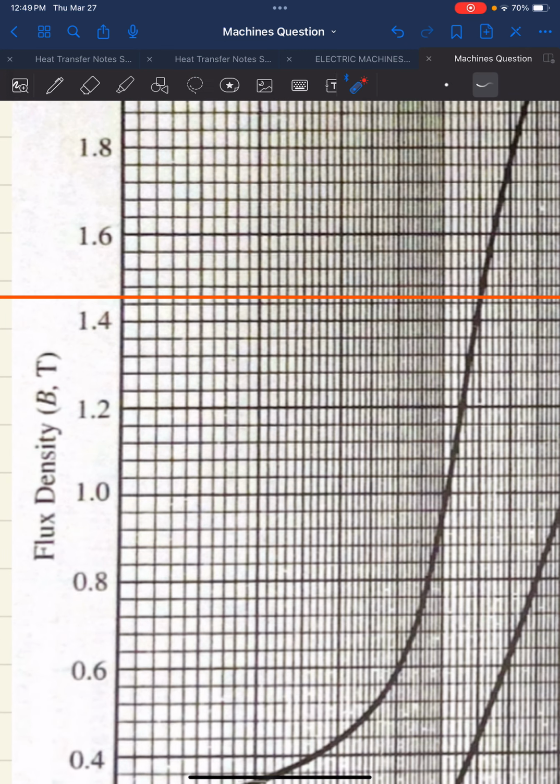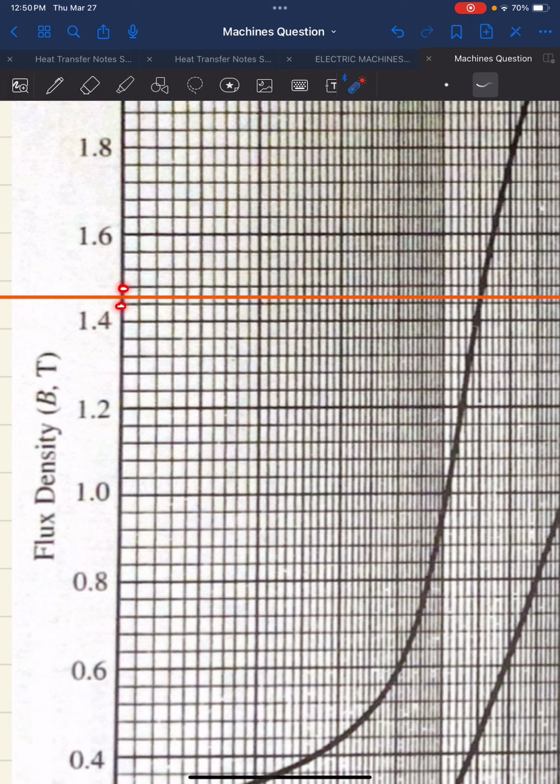So notice between 1.4 and 1.6, there's 1, 2, 3, 4, 5 divisions. So you're basically taking a distance of 0.2 and cutting it in 5. You're dividing it into 5 sections. So if you do the math, you'll see that this is 1.44.